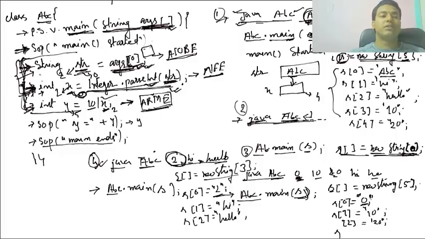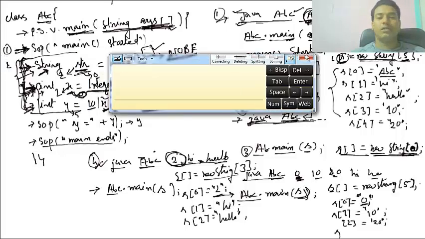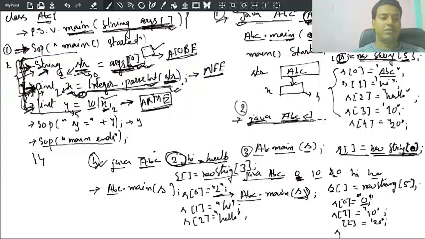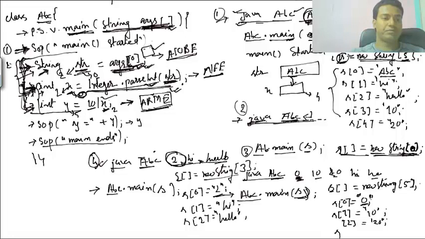Why? Because if the first statement gives an exception here, from here only, since the exception is not handled, it goes to the JVM, and the remaining statements are not going to execute. These two are not executing at all, so there is no chance to give any exception. I'll write line numbers here: this is 1, 2, and this is 3, 4, 5, and this is 6.